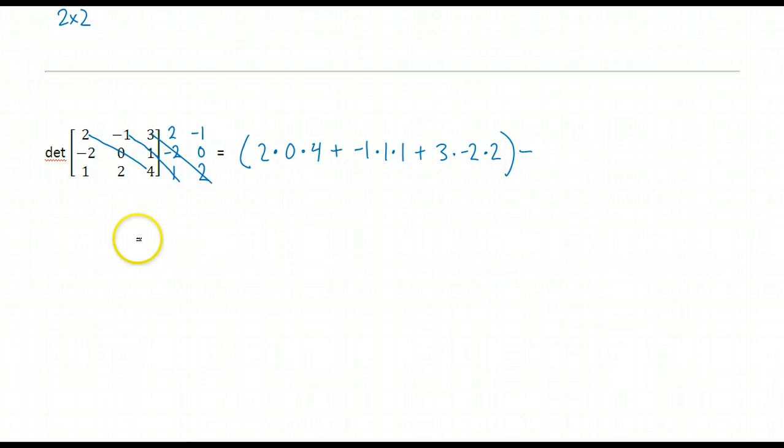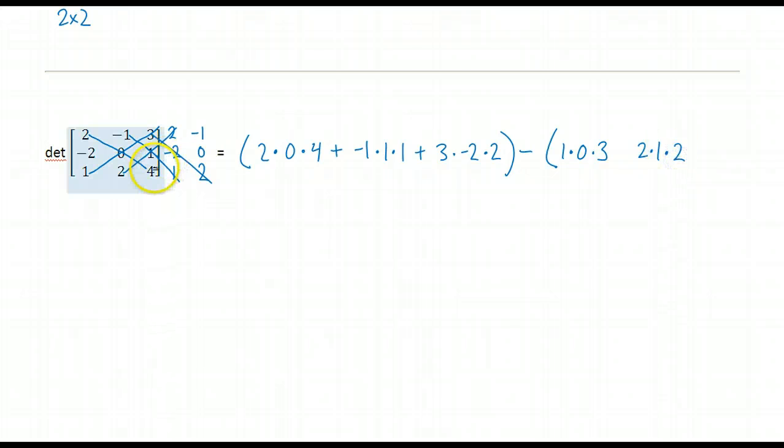Now I need to look at my up diagonals. I'm going to start in the lower left corner. 1 times 0 times 3. 2 times 1 times 2. 4 times -2 times -1.